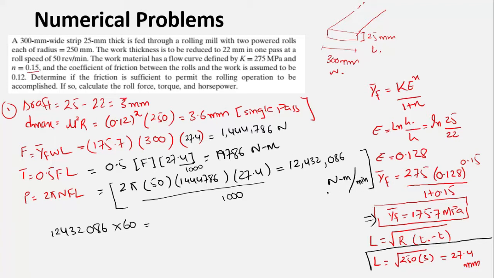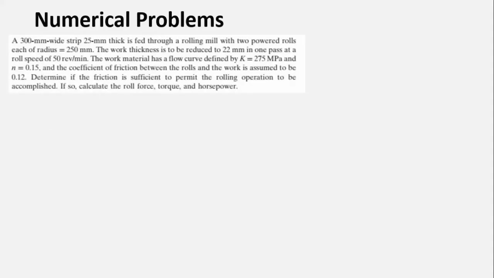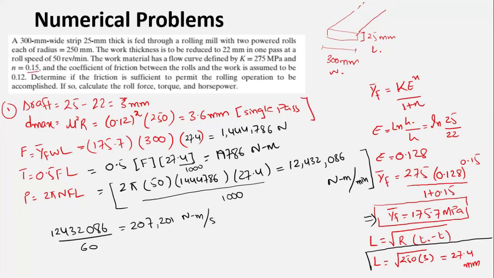To convert this Newton meter per minute into the watts, that is Newton meter per second, we have to divide this value by 60. So it would be equal to 207,201 Newton meter per second. So we have the watts now.